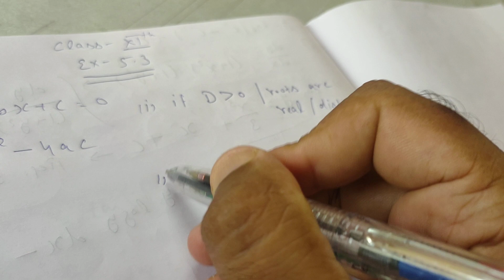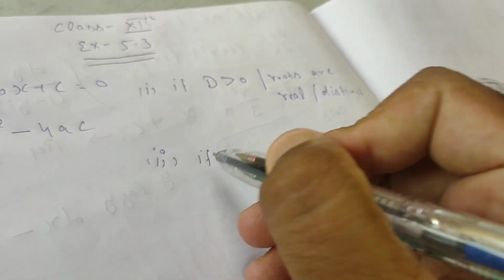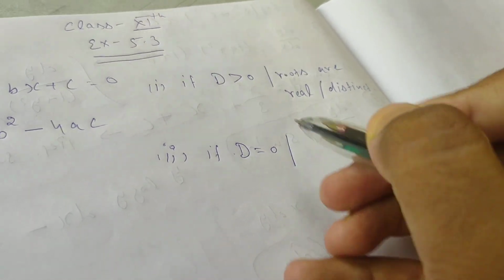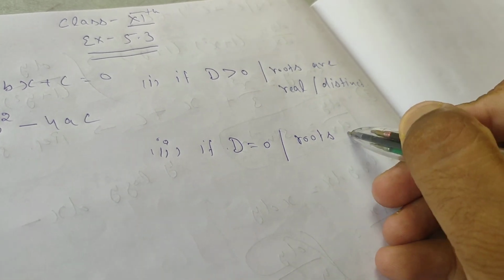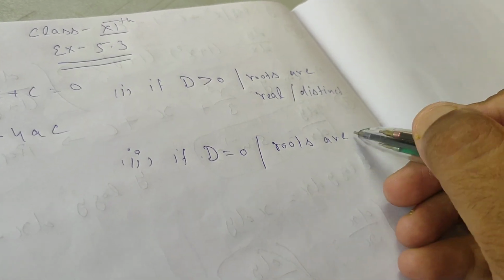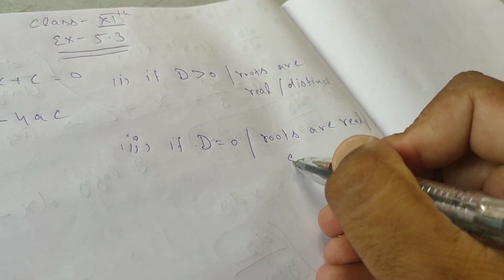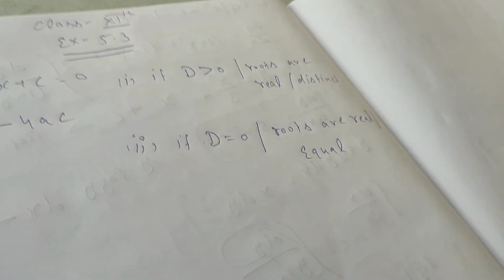In the second condition, if d is equal to 0, we say roots are real and equal. Distinct means alag alag.